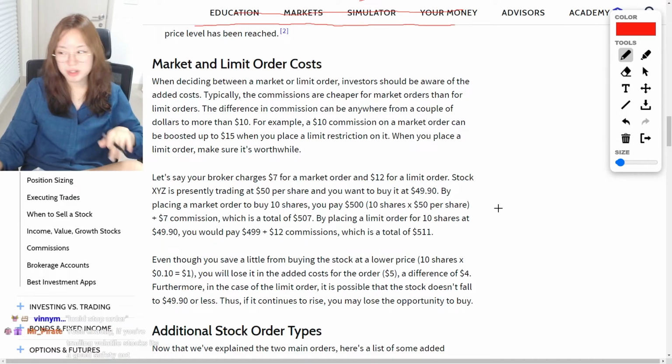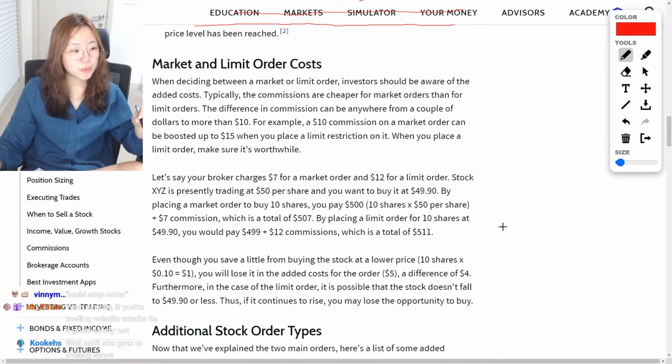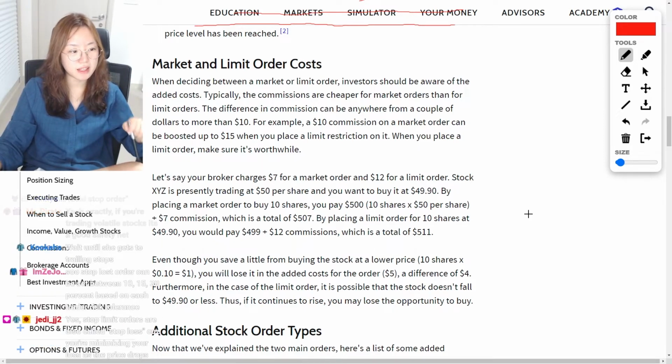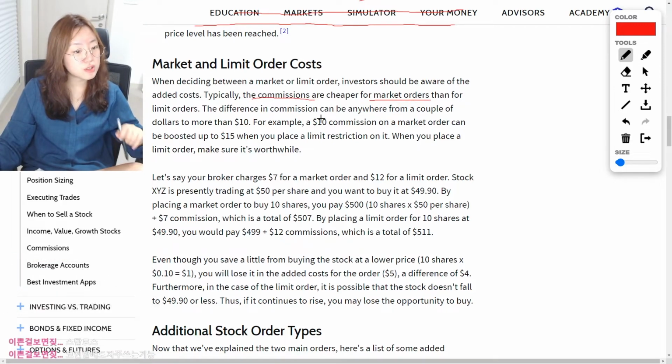So market and limit order cost then. When deciding between a market or a limit order, investors should be aware of the added cost. Typically, the commissions are cheaper for market orders than for limit orders. So market order is cheaper? The difference in commission can be anywhere from a couple of dollars to more than $10.